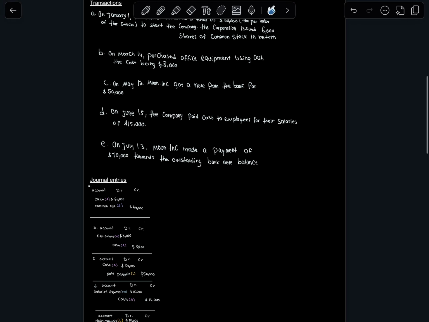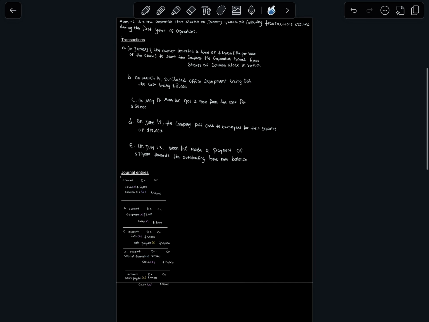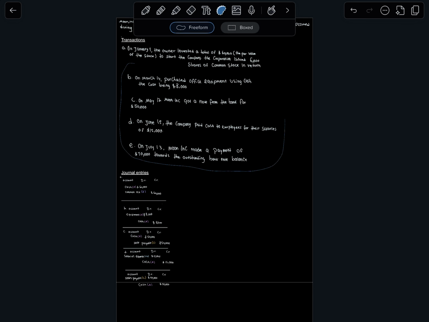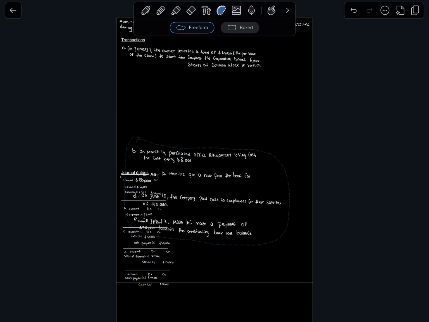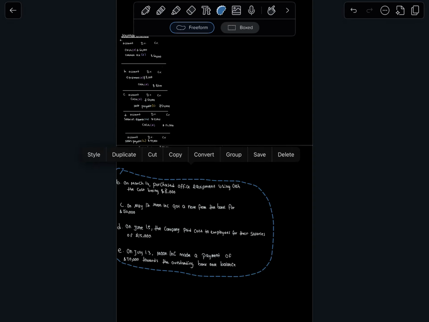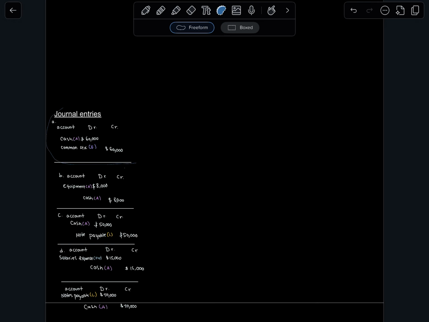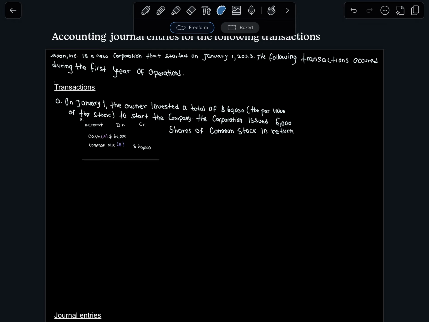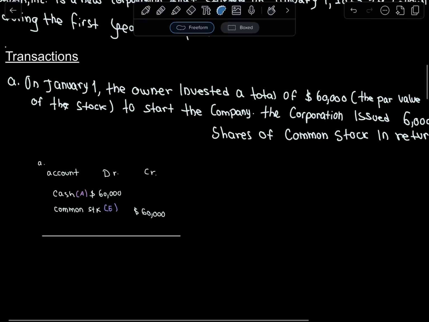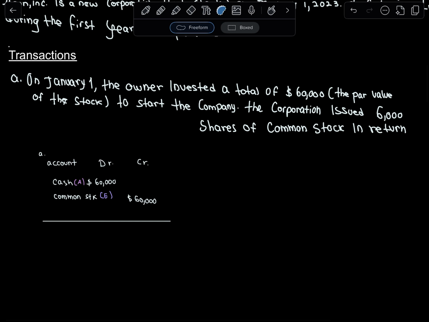Now, let's look at the journal entries made for this. I'm going to move them so it's easier for you to see. Here we have the first journal entry. You can see that cash is the account affected, as well as common stock.